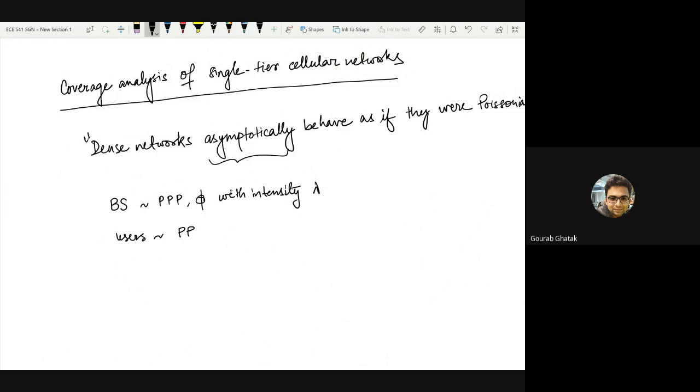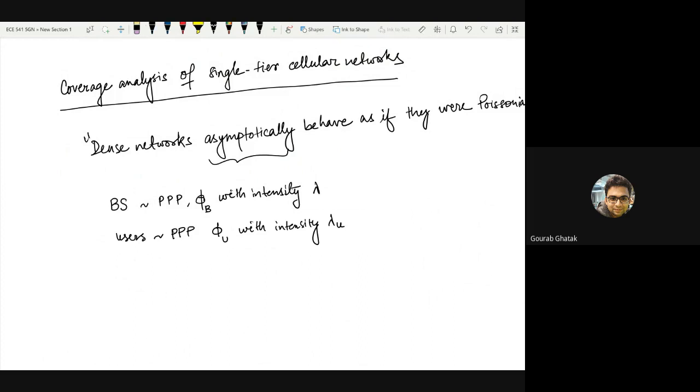But for our ease, let us assume them to be a Poisson point process, defined as another Poisson point process phi of u with intensity lambda u, which means on average there are lambda u users per square meter, right? Generally we would have lambda u somewhat greater than lambda, but for the moment we will make no such assumption.